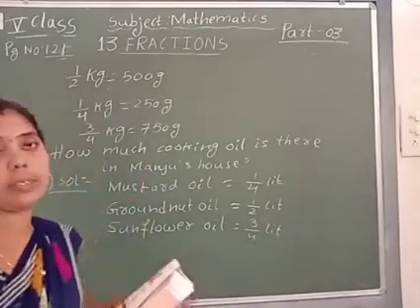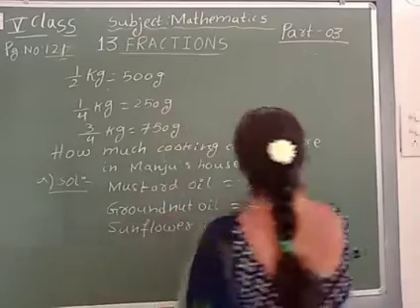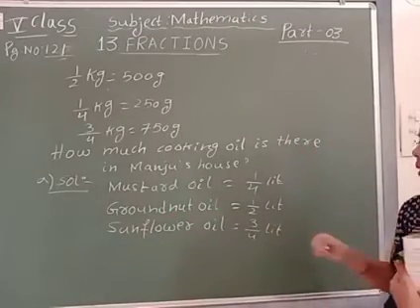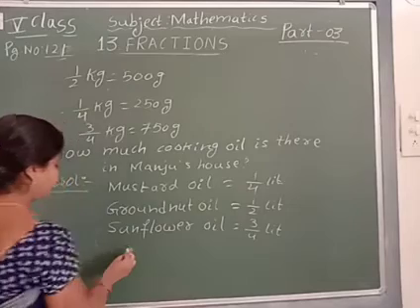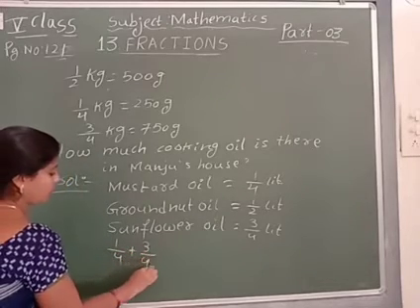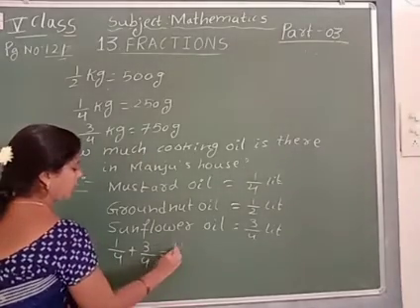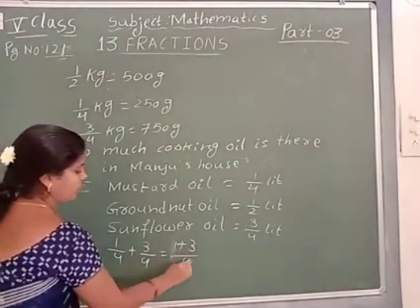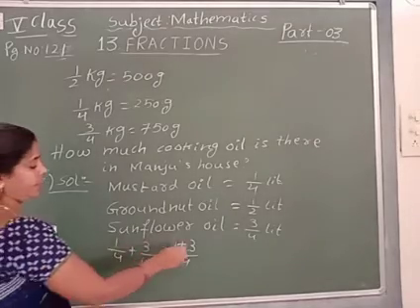See, we will do this problem in 2 ways. See here, 1 by 4 liter and 3 by 4 liter. So we will add these first. 1 by 4 plus 3 by 4 equals 4 by 4. The denominator is the same, so the numerators are added.